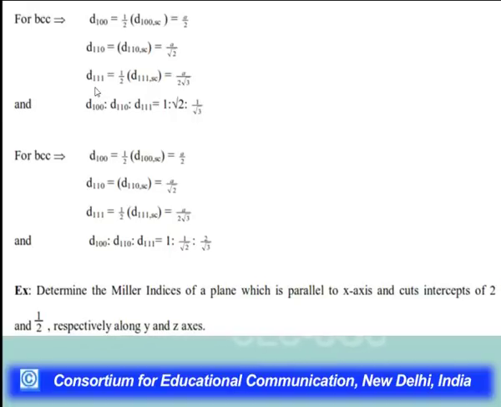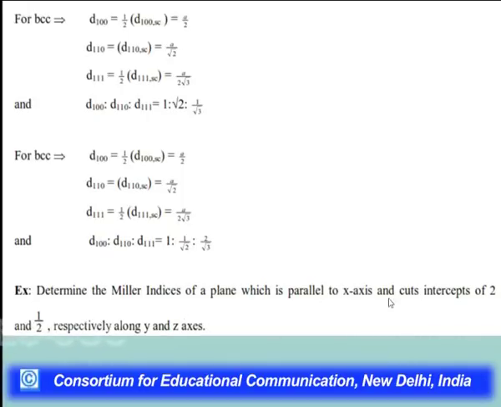We define the interplanar spacing for the 111 plane as a by 2 root 3. If we take the ratio of these three, we have 1, root 2, 1 by root 3. For the BCC, for the different planes, and similarly we will define for the other structure, here the planes will be changed, it will be 100, then a by root 2, a by 2 root 3, then the ratio will be 1 by 2, 2 by root 3.